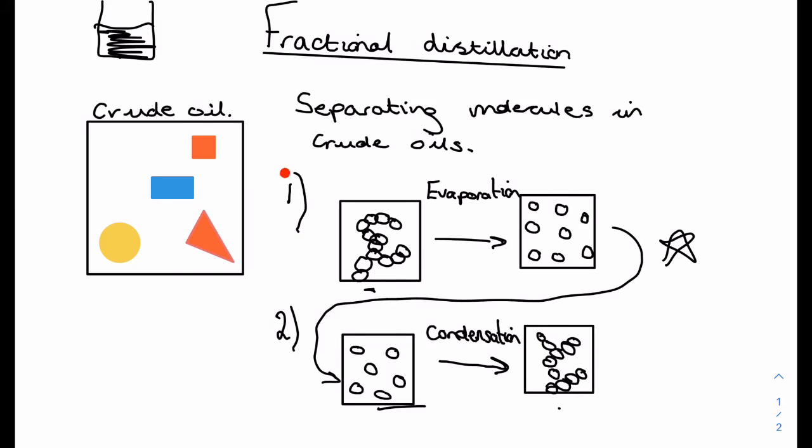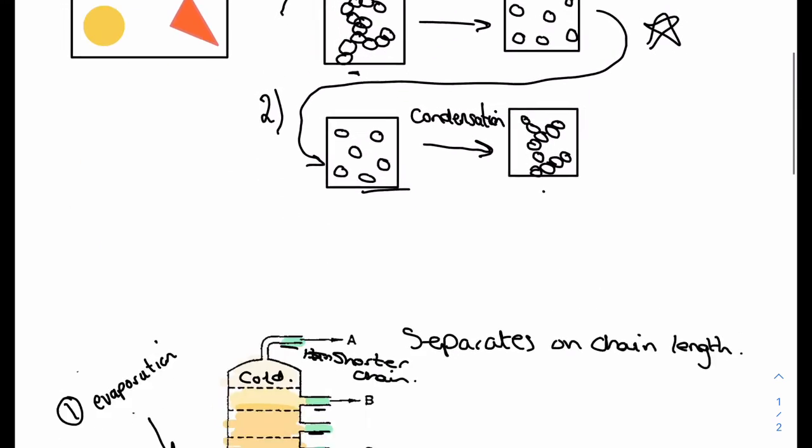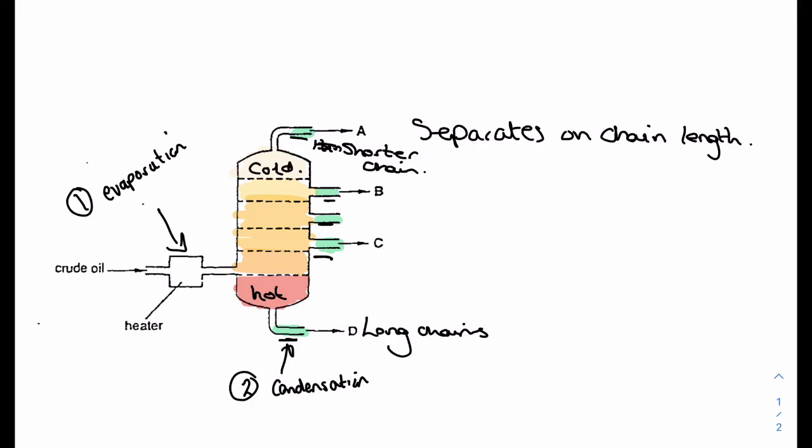Process 1's evaporation, so it goes from a liquid to a gas. And then I said the star is where it all separates itself, and then we've got that gas cooling down into condensation. So what is the star? We've gone through it on here. The star is this bit here. So that's when it's separating based on its temperature and how long the chain length is.